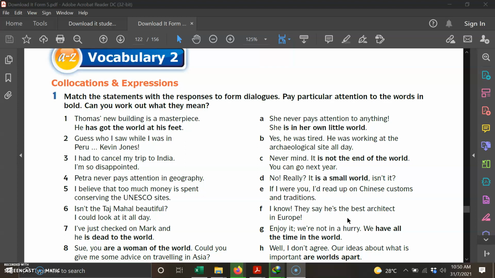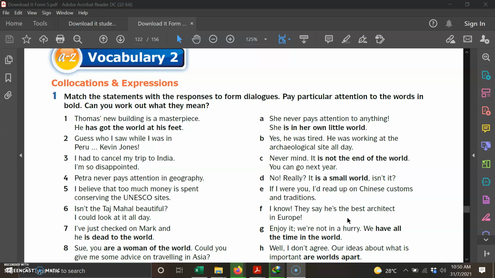Maksudnya padankan ayat di sebelah kiri dengan jawapan di sebelah kanan untuk membentuk satu dialog. Pay particular attention to the words in bold. Sila beri perhatian kepada perkataan yang berhuruf tebal. Can you work out what they mean? Adakah kamu boleh faham apa yang mereka maksudkan?